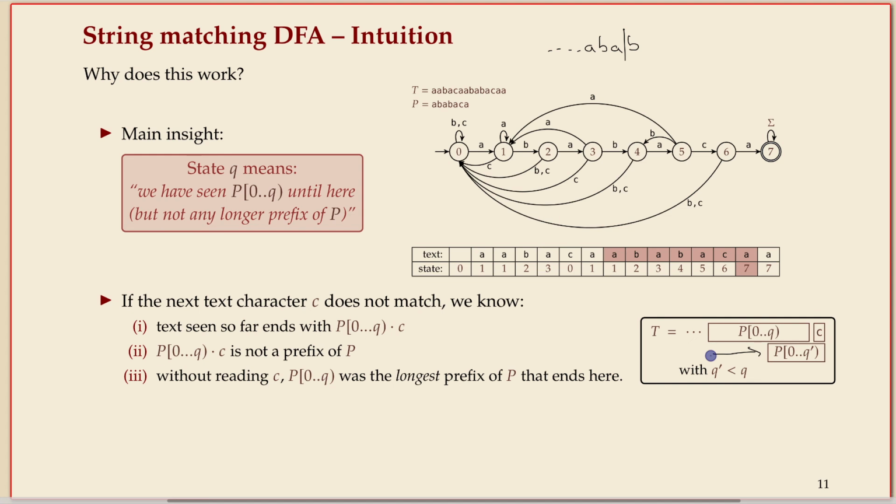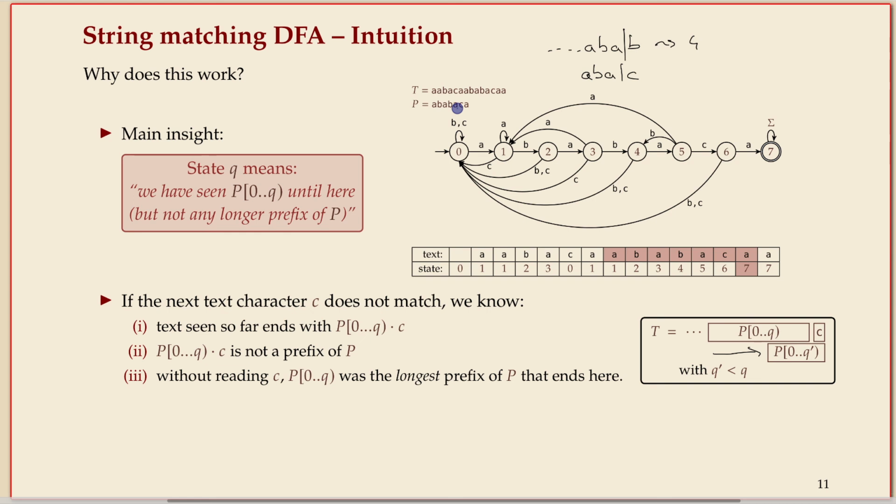If we do this in our example, we have the case where we go to state 4. But then the other option was, if I have ABA and now I read a C, there's nothing in the first few characters of P with a C. So if I find a C in the text, I know there's no occurrence of P containing any of these positions.